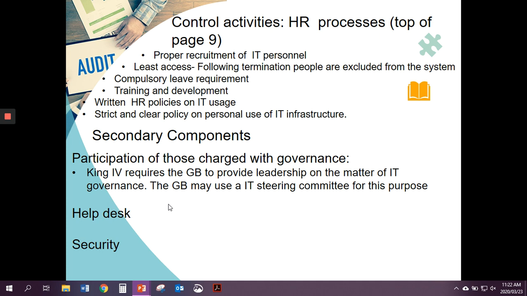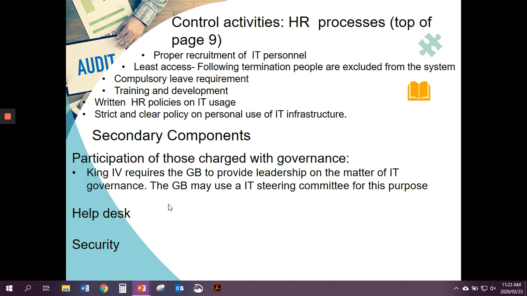Then we want to have, and these are secondary, less important parts of the IT environment, we want to understand how those charged with governance are involved. Generally, when we talk about those charged with governance, we're talking about the governing body or the board of directors. How is the governing body involved in IT governance? Is there someone who represents the IT department on the governing body? How does the governing body understand?